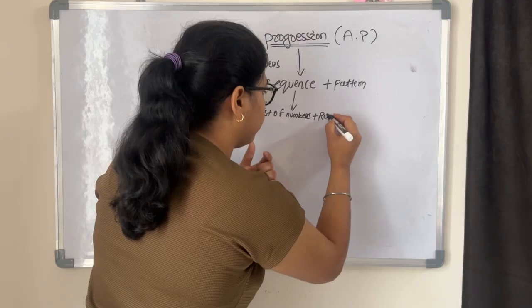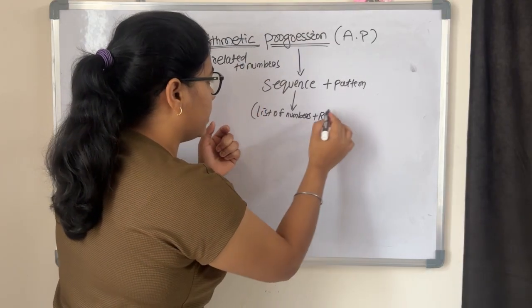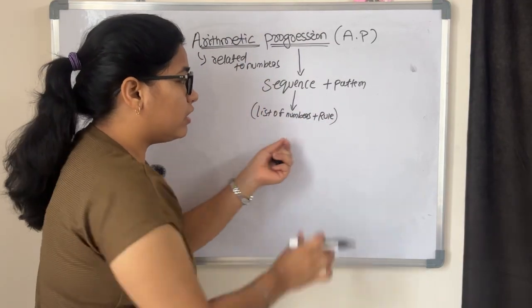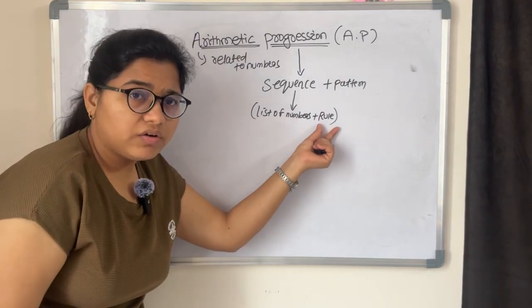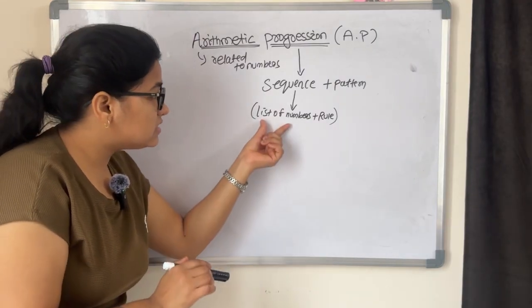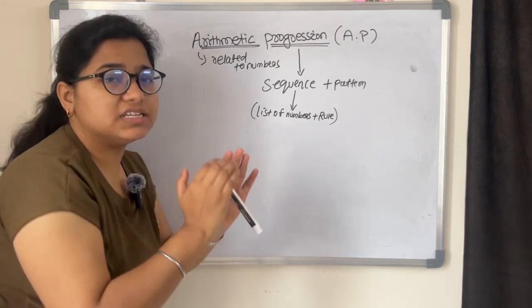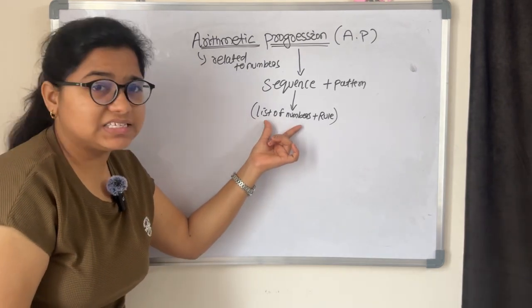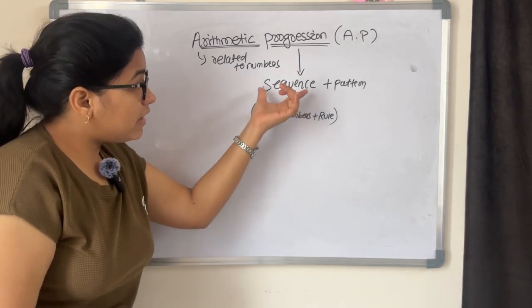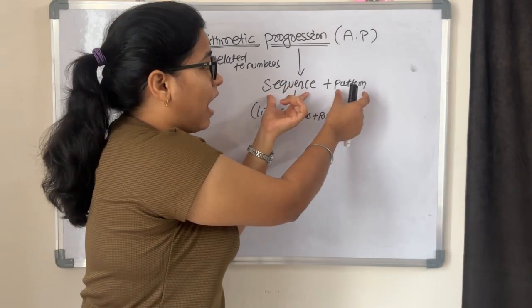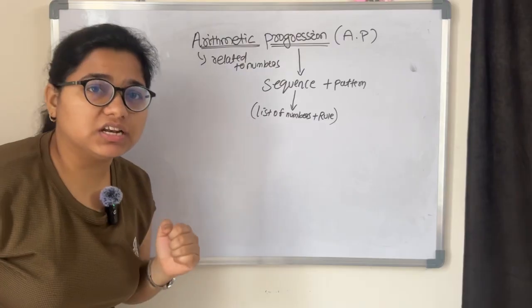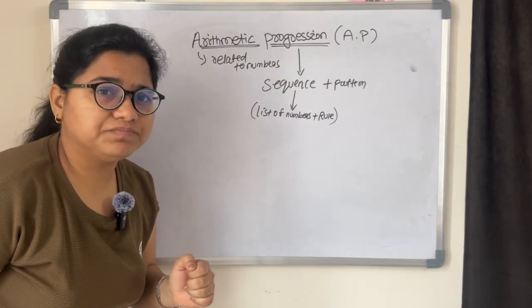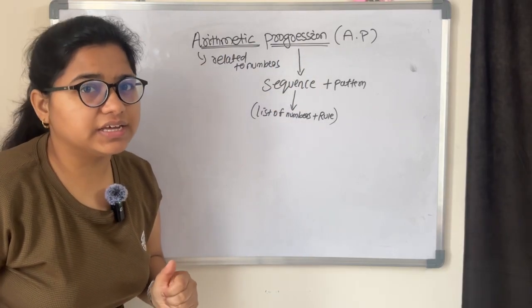It means that if the list of numbers is arranged according to a particular rule, we can say that this list of numbers is in sequence. And if a sequence has a pattern, then we can say that it is a progression or arithmetic progression.